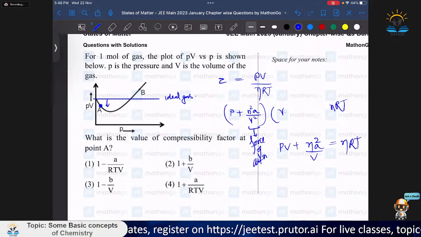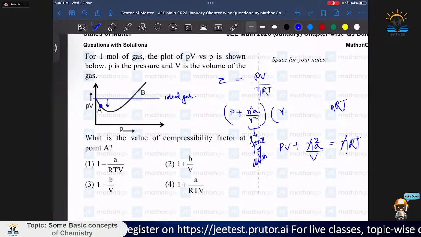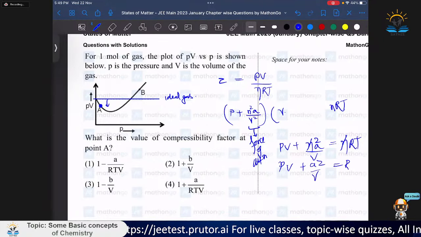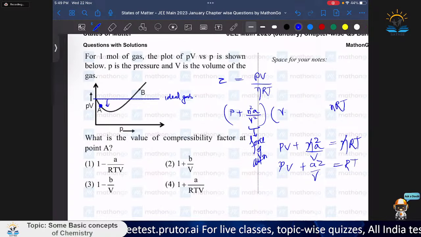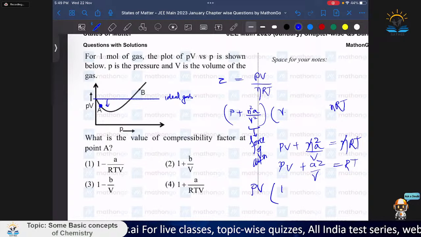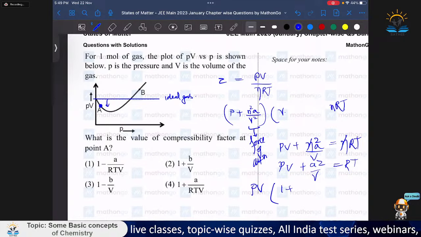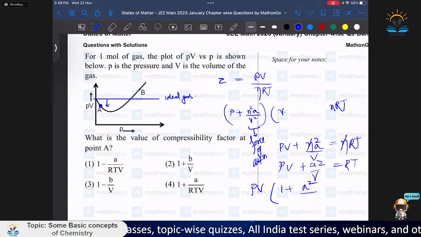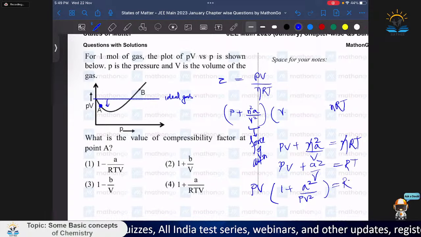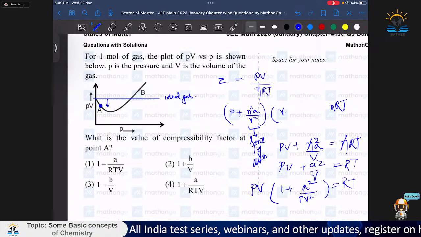And if we take n as 1, so PV plus a/V is equal to RT. So we just take PV common, PV into 1 plus a/(PV²) is equal to RT. We take RT below.